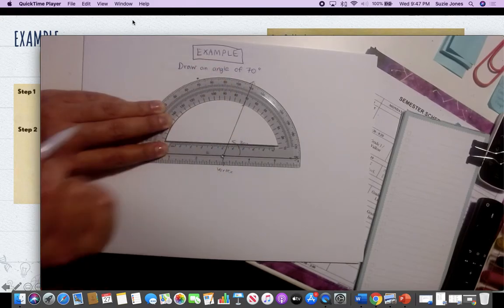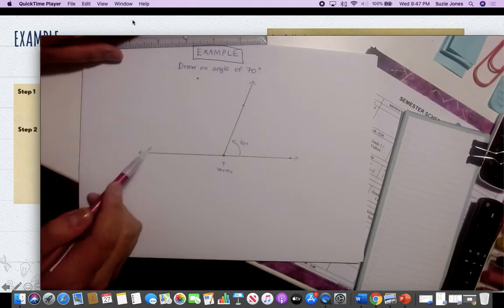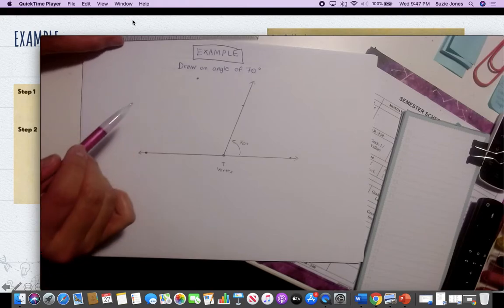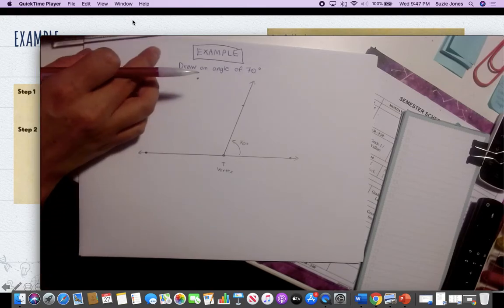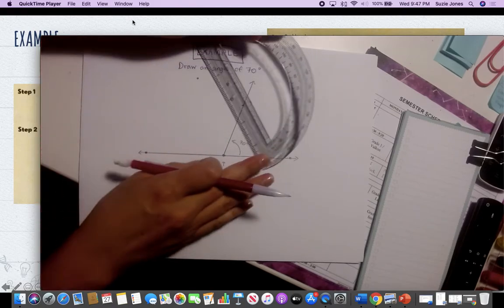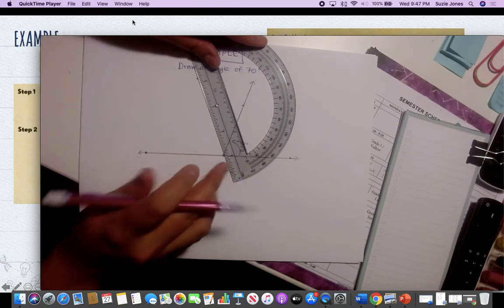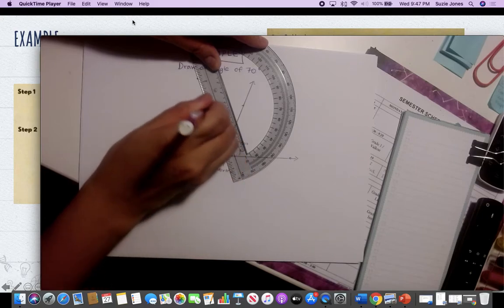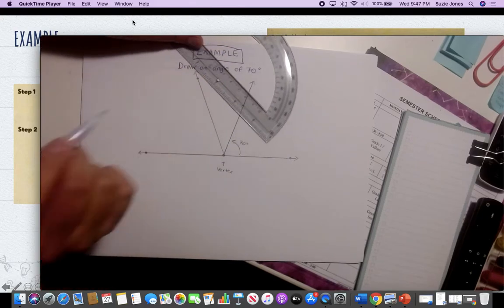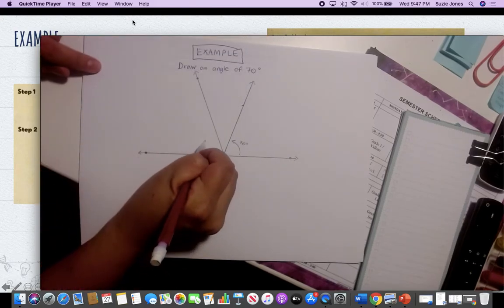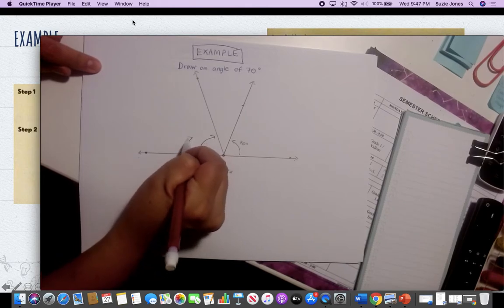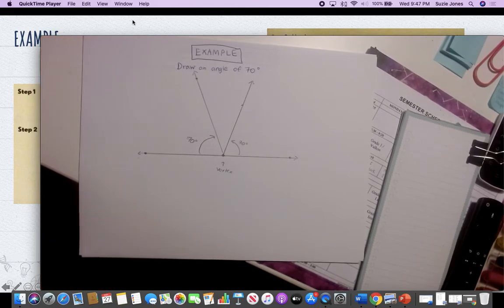That's 70, and so I know from here to here, that's 70 degrees. So I'm going to take my straight edge and draw a ray from my vertex all the way through. Okay? And so from here to here, that's my outer scale, that's 70 degrees.